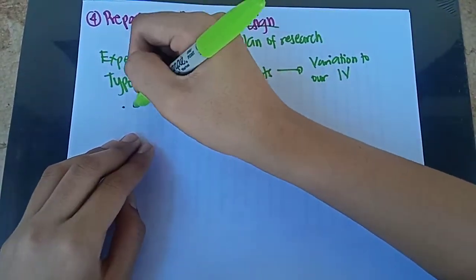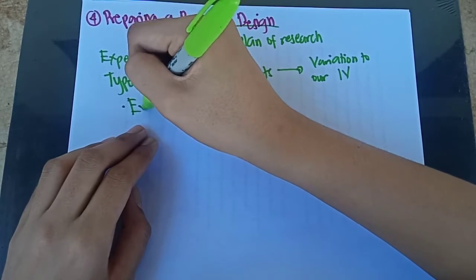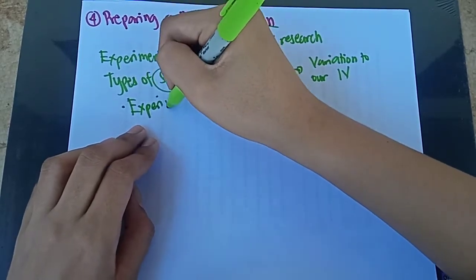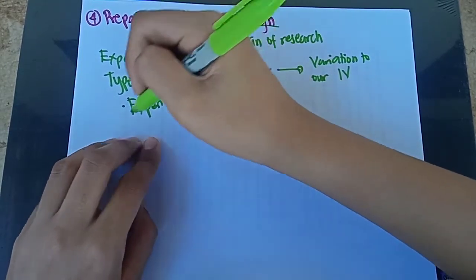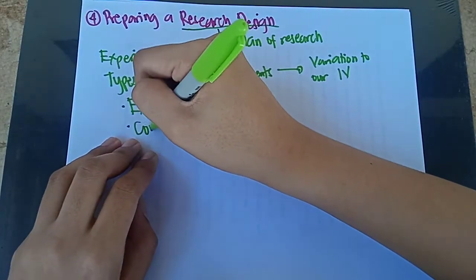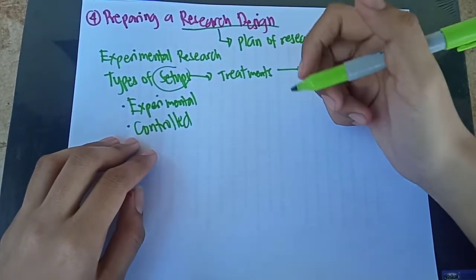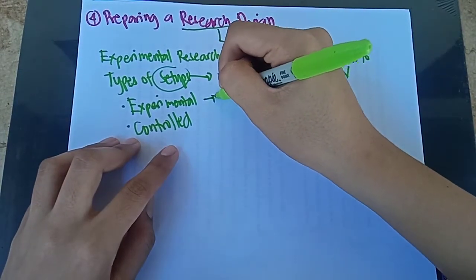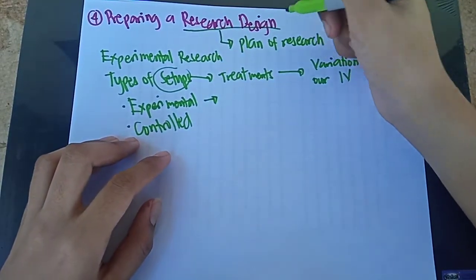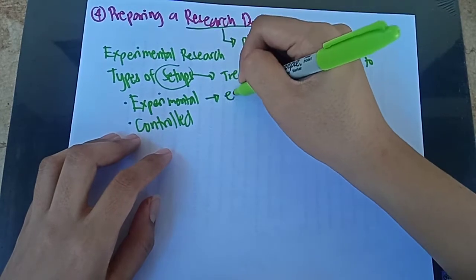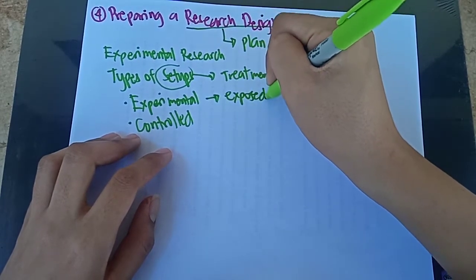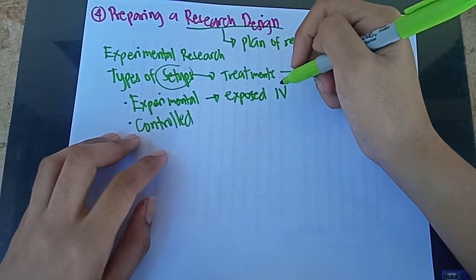Okay? So, there are different types of setups. We have experimental setups, and we have controlled setups. So, we have two. In experimental setups, these are the setups that are exposed to the independent variable.